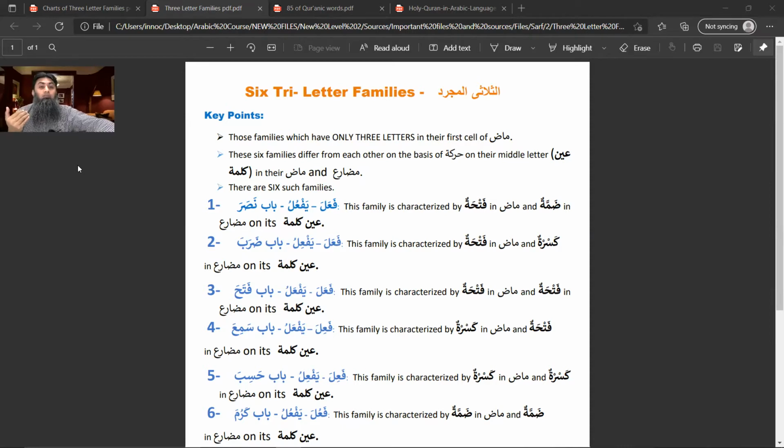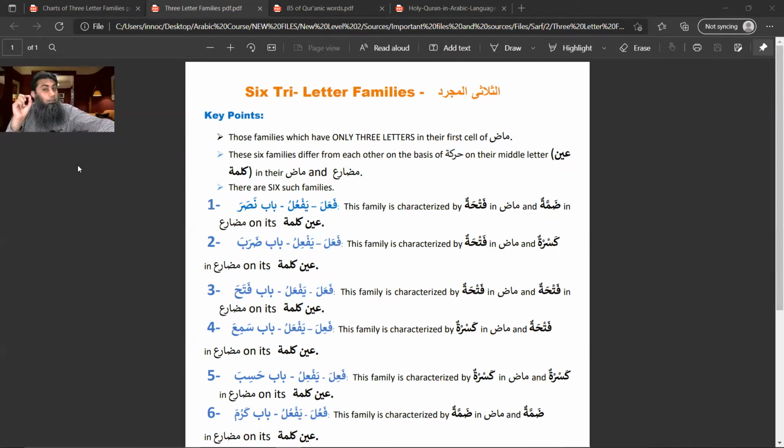But then we said that because there are multiple options, depending on the haraka of the middle letter, fa, ain and lam, we label them as 3 letters. Depending on the haraka of the second last letter, both in madi and in mudare, there become 6 possible options.